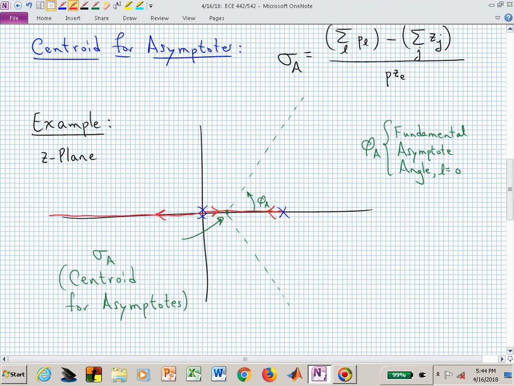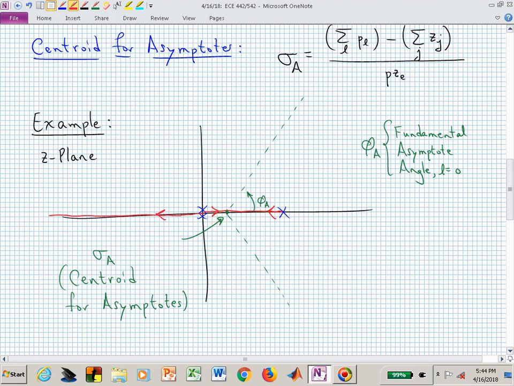And our angles, since we have a pole zero excess of 3, the fundamental angle, which is from the positive real axis up to the first asymptote, that's what I'm calling the fundamental angle, will be 180 divided by that pole zero excess of 3, or 60 degrees. So hopefully you haven't thrown out your protractor after exam number 3.